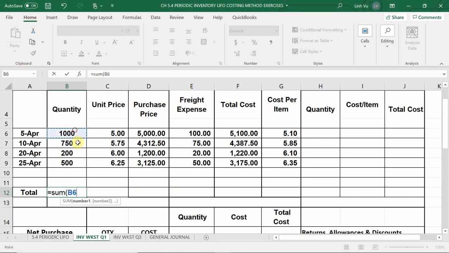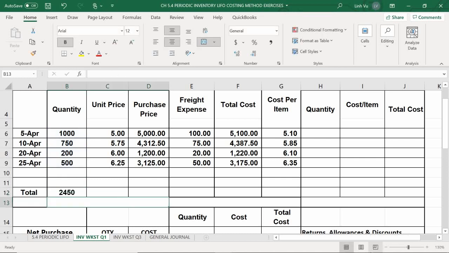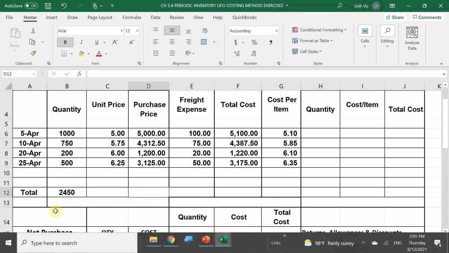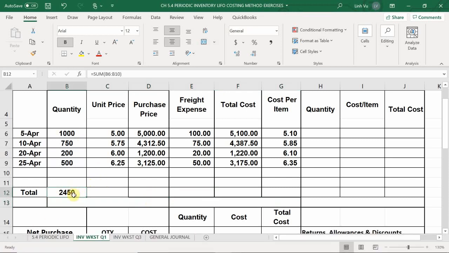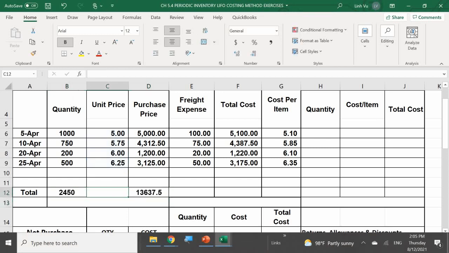So I'm going to use my equal sum, tally up my totals here. In quantity, how many total units did I purchase? 2,450. Good. Okay. What was my total purchase price? $13,637.50.